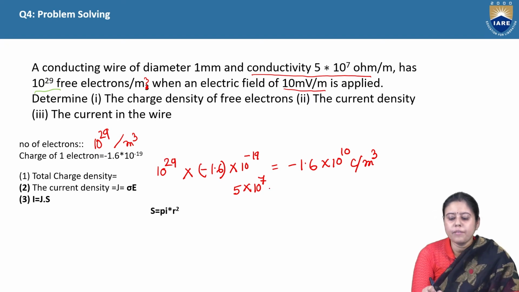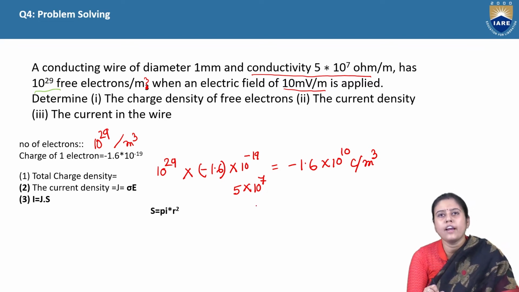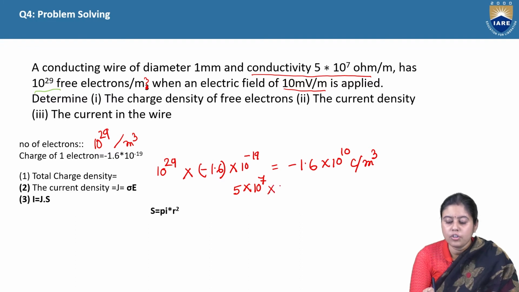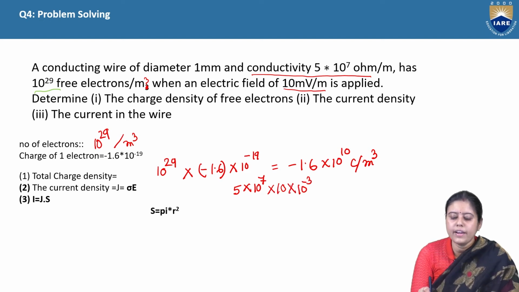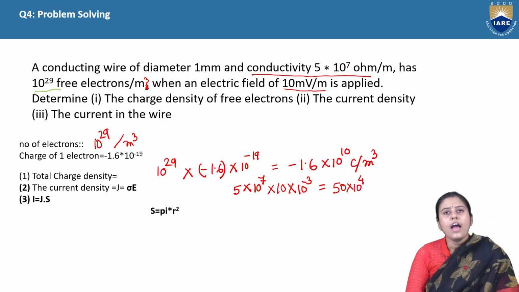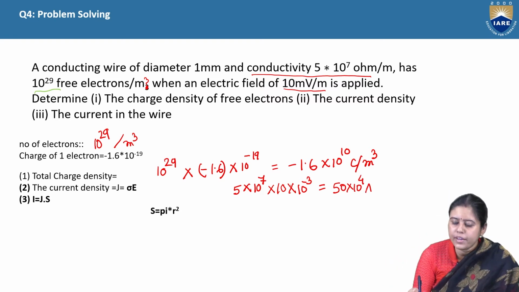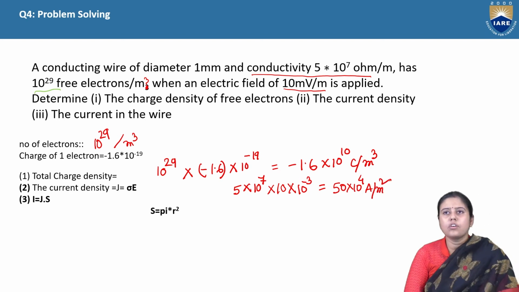So it is given that the intensity is 10 millivolt per meter. We have to remember, we have to take only the volt unit. So it will be 10 millivolt, means 10 into 10 to the power minus 3 volt. So what is the current density? It is 50 into 10 to the power 4. And what is the unit of current density? Current per surface area. So it is ampere per meter square.